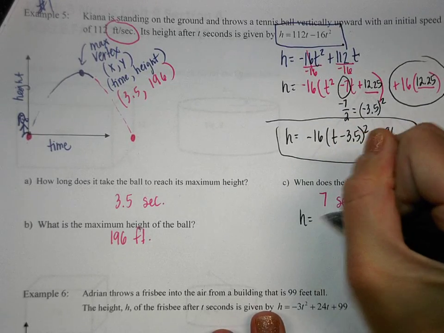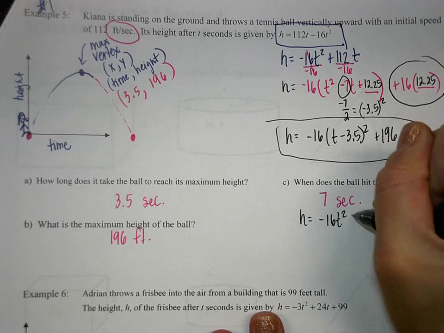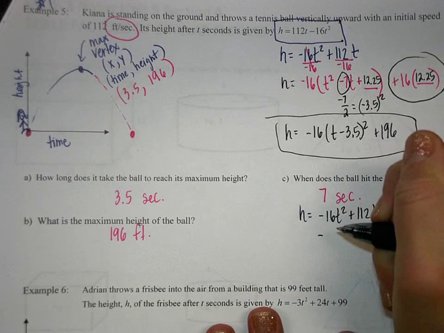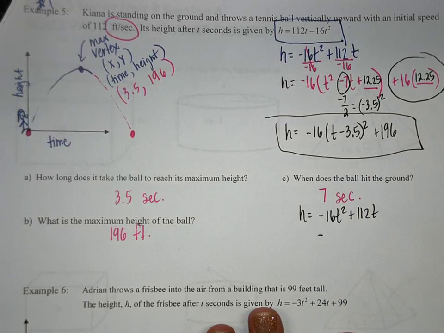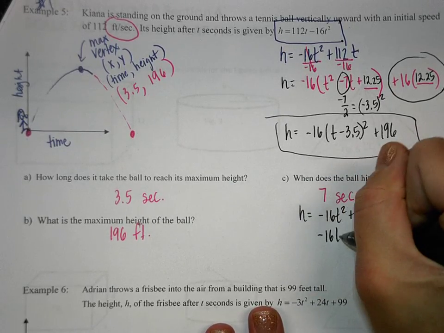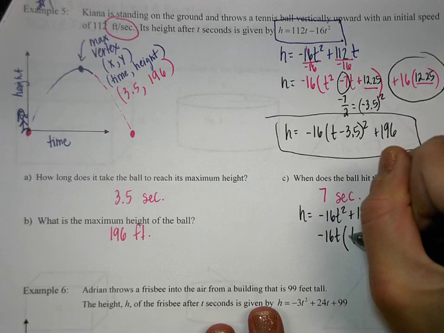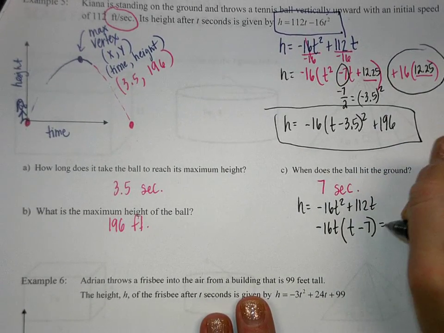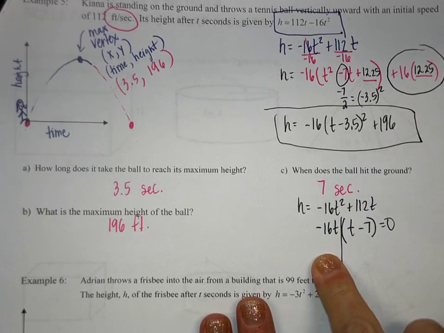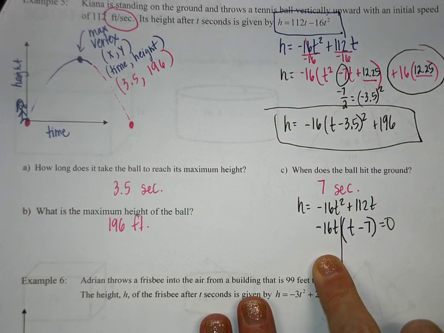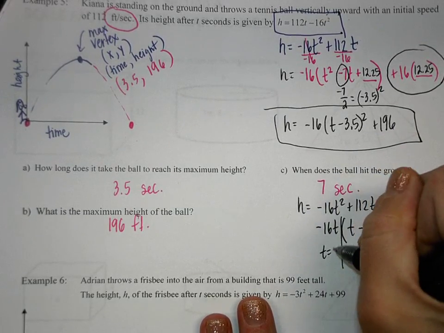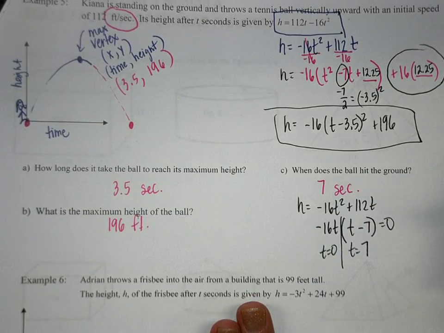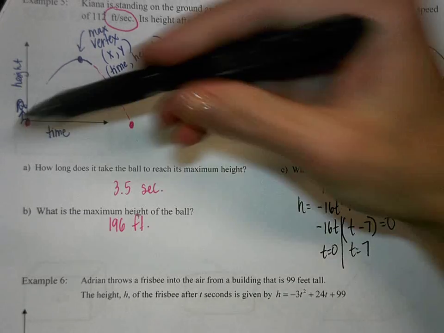If you have h equals -16t squared plus 112t, we factor out the whole GCF like you guys were saying before, and I would take out a -16t, and I'd be left with t minus 7. And then when you set those equal to 0, when you take -16t equals 0, you would just get t equals 0. This one, you would get t equals 7. Okay? So it comes from your x-intercepts.